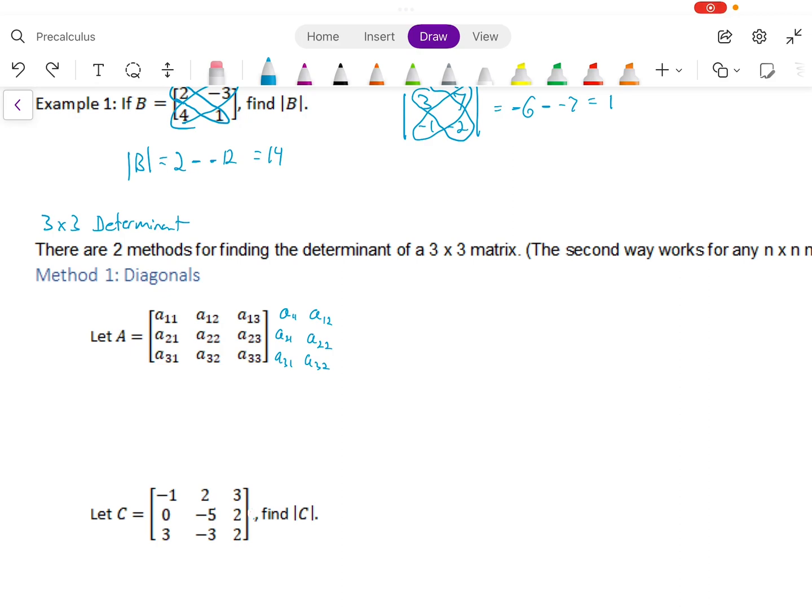we're still going to go left to right, and we're going to multiply these. So we'll do these highlighted left to right. We'll multiply those 3. We will multiply these 3, and we will multiply these 3. You always want to multiply 3, and that's why we don't continue this pattern here or here, because we would only be multiplying 2 things. So you find those 3 products.